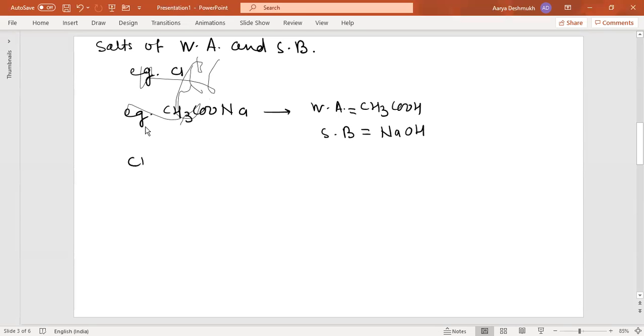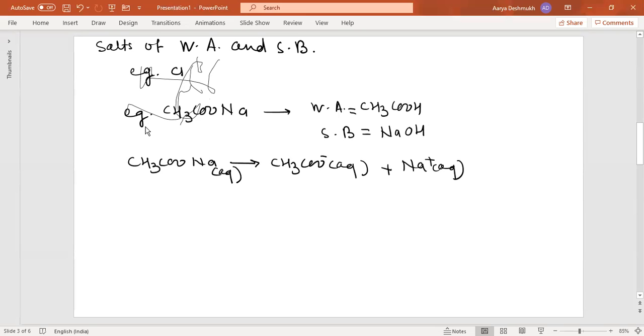Now this CH3COONa dissociates as CH3COO minus, the acetate ion, in aqueous medium, of course, and Na plus ion. This is dissolved in water.